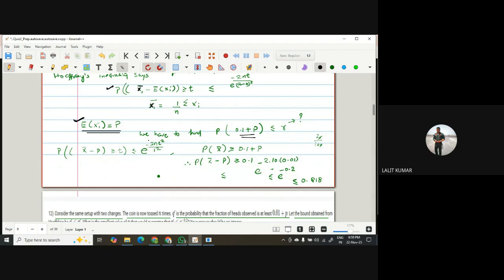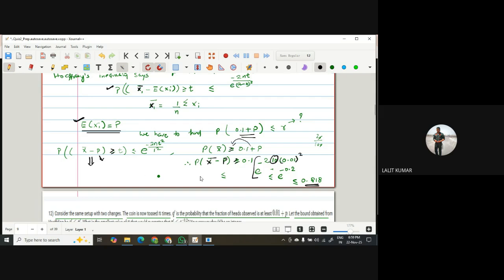So if we put in the Hoeffding's formula, the expectation is p, this is x bar greater than or equal to t. So probability of x bar they have given is greater than 0.1 plus p. We can convert this into probability of x bar minus p, bringing p here, greater than or equal to 0.1. This will become less than or equal to e to the power minus 2, this is n, and this is your t square, and we get the value 0.818.